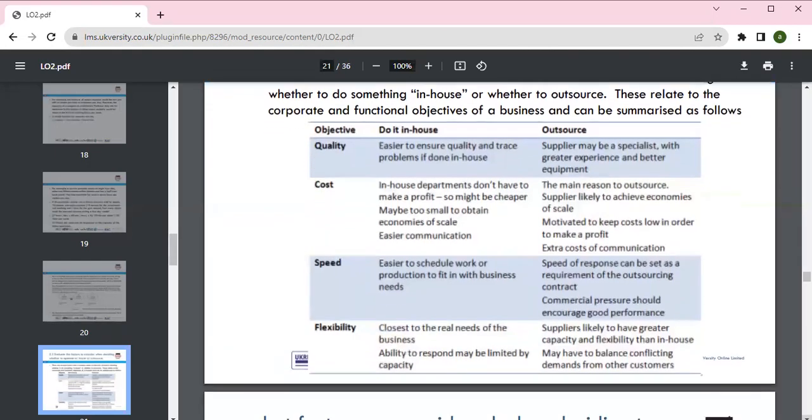Flexibility can be closest to the real needs of the business, and the supplier is likely to have greater capacity and flexibility than in-house.